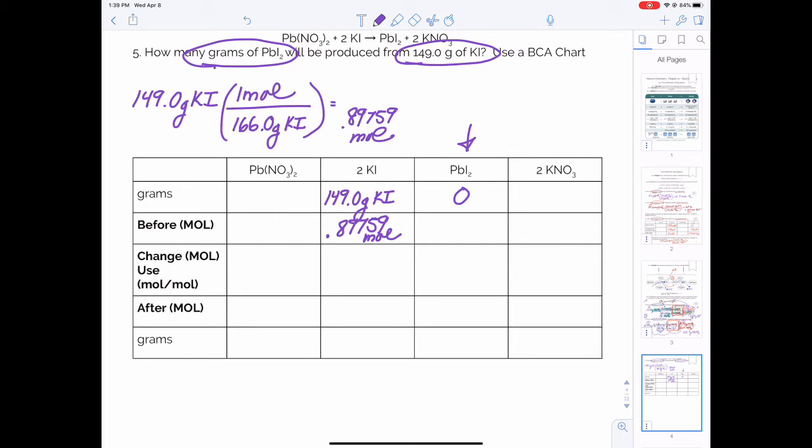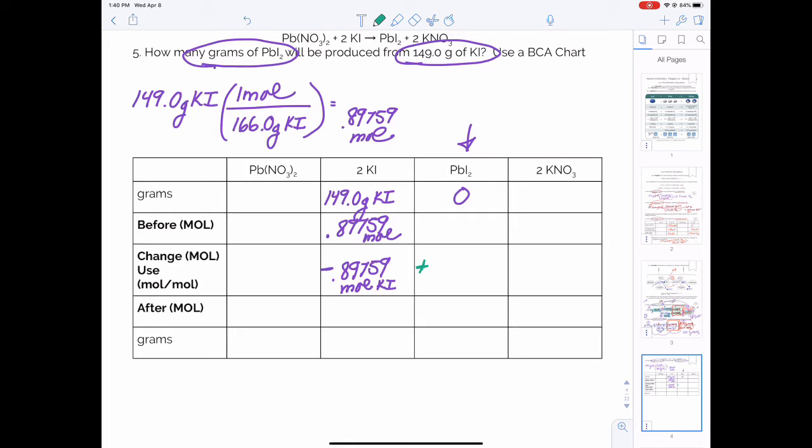When this reaction takes place, all of that potassium iodide gets used up. So the change row is always going to be plus or minus. In this case, it's going to be minus 0.89759. So I use up all those moles of potassium iodide, and those are going to be used to make some amount of lead iodide.